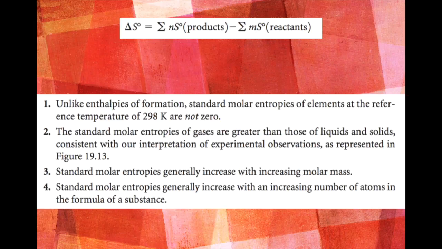The other rule is that the standard molar entropies of gases are going to be greater than those for liquids and solids, which is what we expected based on our previous discussion. The standard molar entropies are going to increase with increasing molar mass because the larger your molecule, the greater ease there is to have disorder. And then finally, as you increase the number of atoms, again, your entropy is going to increase.